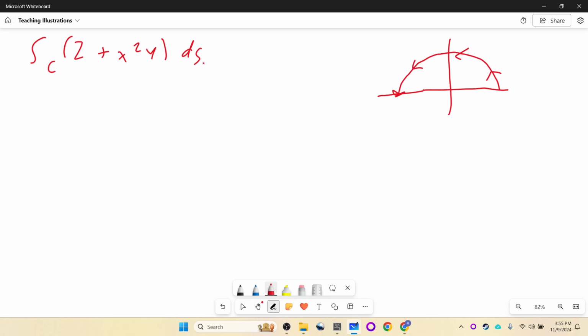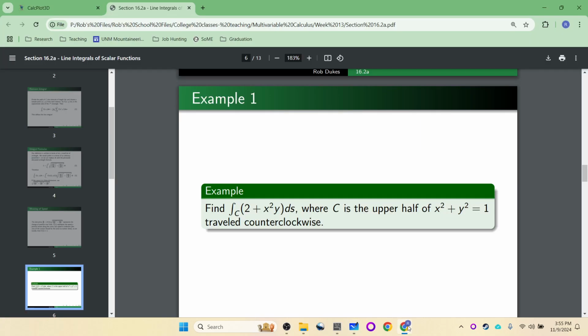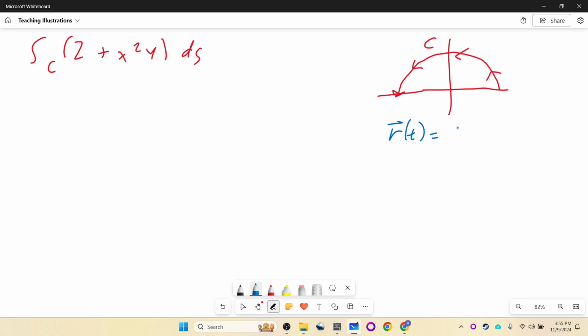So we want to parameterize this path. When we're doing line integrals, we would like to change them into an r of t. The circle is x squared plus y squared equals 1, so the radius is 1. That means r of t is cosine t, comma sine t, where t goes from 0 to pi.